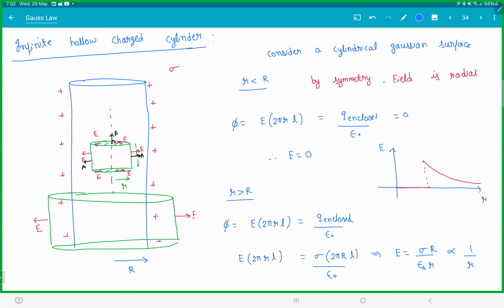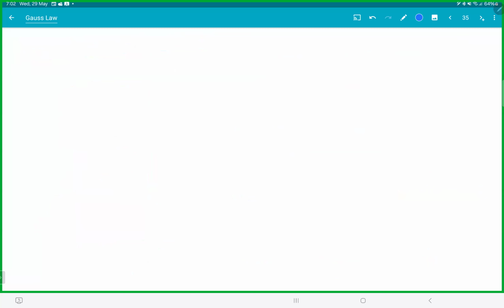Now, I showed you for an infinite hollow charged cylinder. You guys try for an infinite solid cylinder.